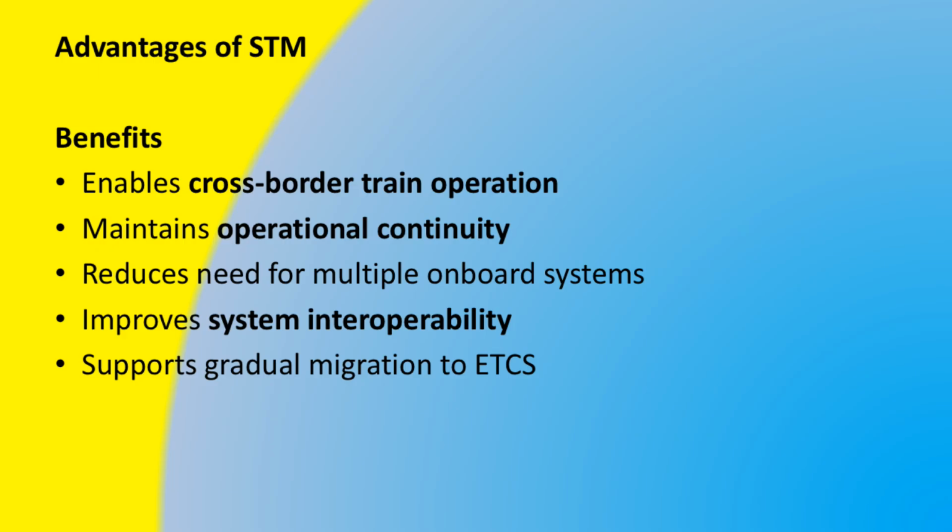Third, it ensures smooth transition from existing national systems to the ETCS standard. Fourth, it supports gradual modernization of railway signaling infrastructure. Because of these benefits, STM plays an important role during the transition phase towards full ETCS implementation.